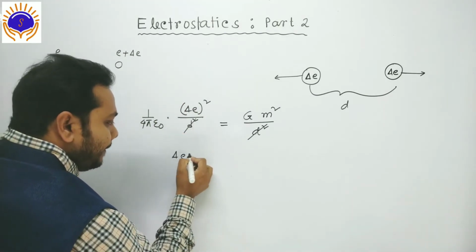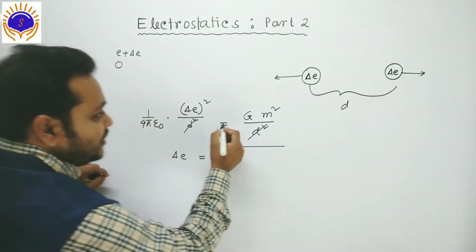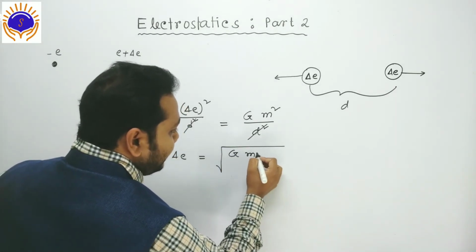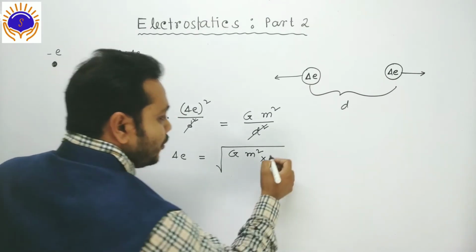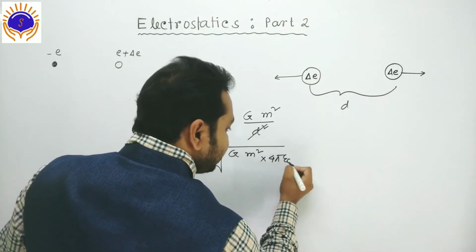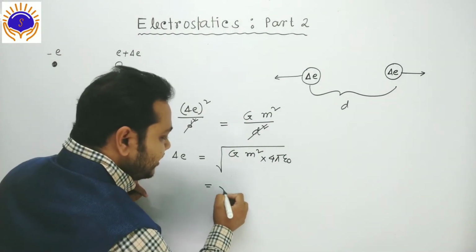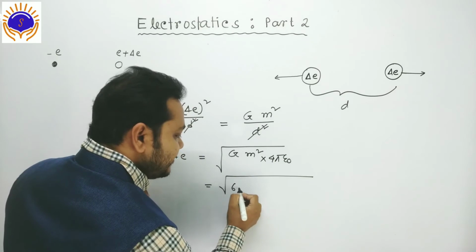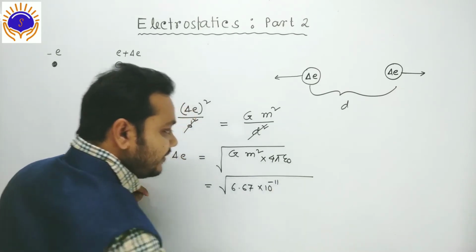Delta E will be root over G m square into 4 pi epsilon naught. Okay, the value of G is given, 6.67 into 10 to the power minus 11.